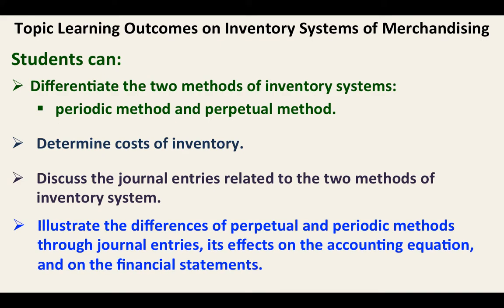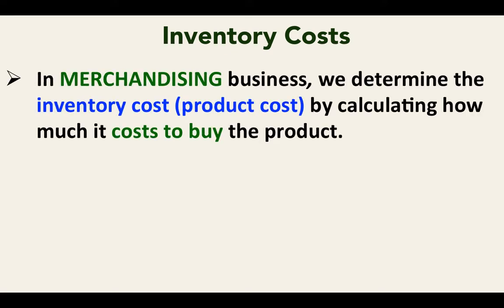Actually the bulk of the discussion for this lesson is the illustration of the differences of perpetual and periodic methods through journal entries, its effects on the accounting equation, and on the financial statements. Inventory cost. In merchandising business, we determine the inventory cost or the product cost.